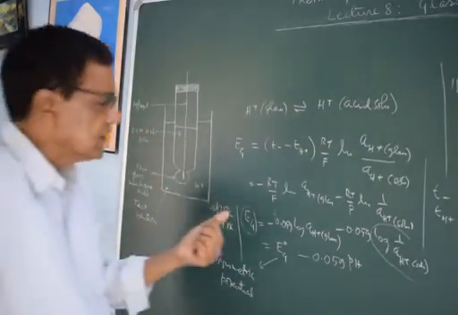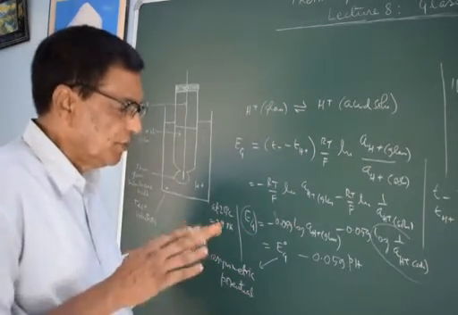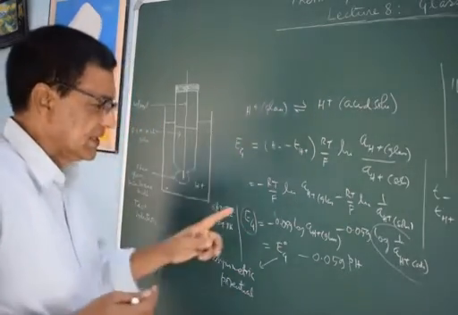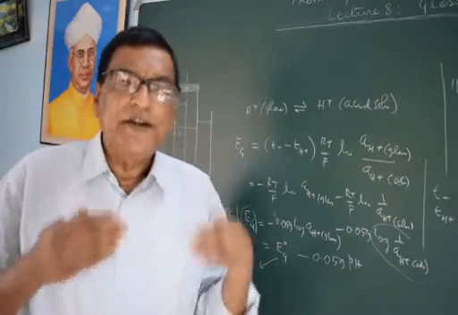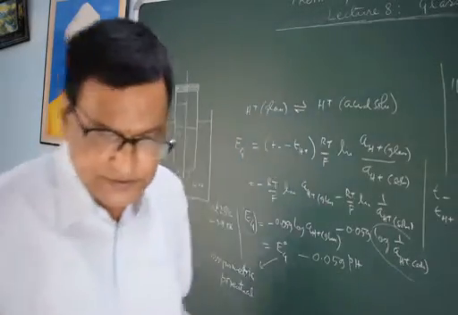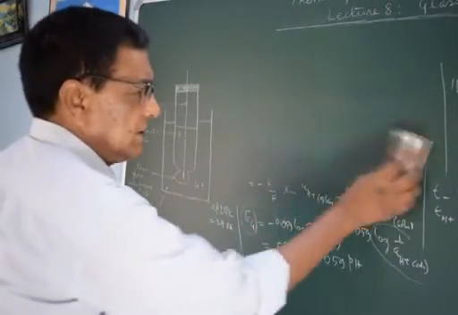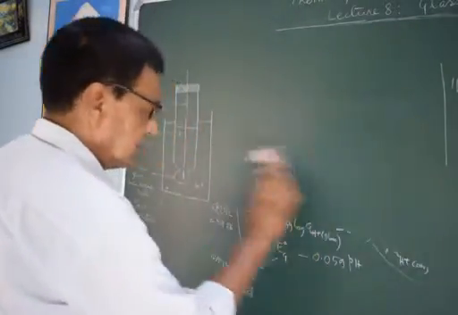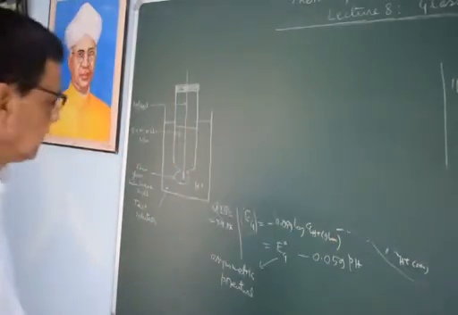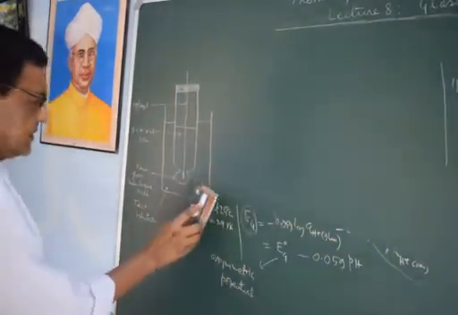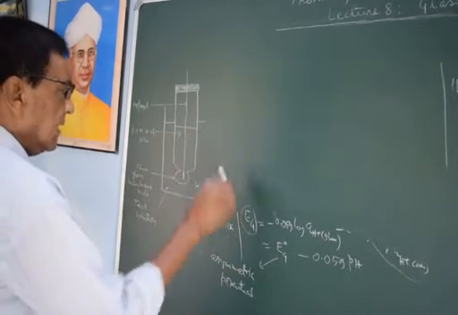Normally, this glass electrode is coupled with a secondary reference electrode, just like the saturated calomel electrode, and in this case we can make a cell.